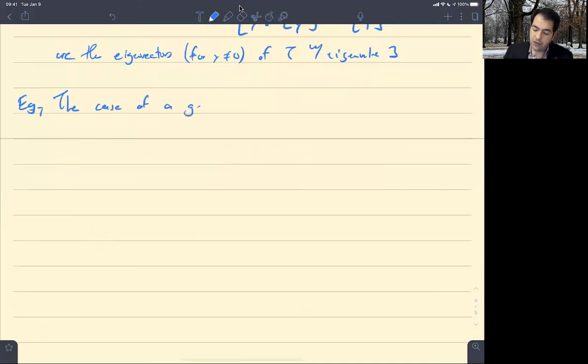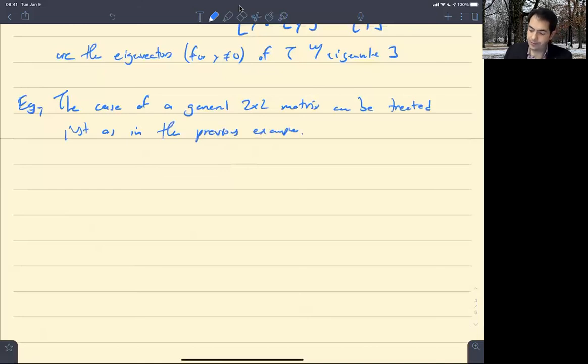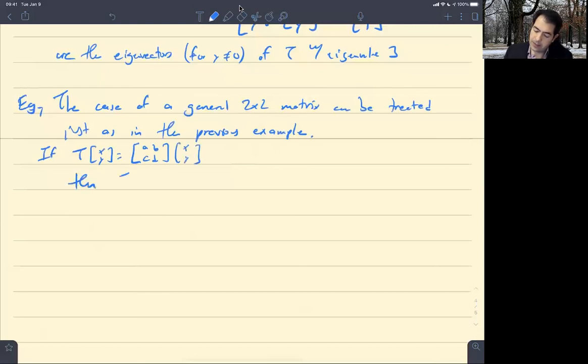So I just want to point out that the case of a general 2 by 2 matrix can be treated just as in the previous example. So if T of x, y is equal to multiplication by a, b, c, d, then T of x, y is equal to lambda x, y.